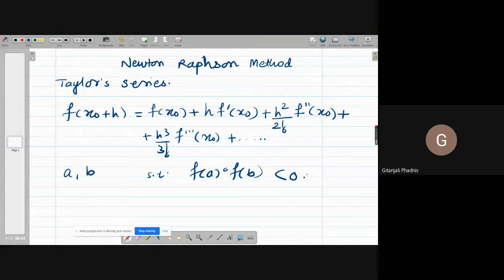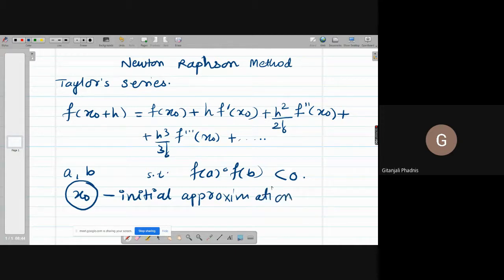Now in Newton-Raphson, instead of the interval AB, we emphasize an initial approximation called x naught. This initial approximation can be guessed, looking at the nature of the problem and the equation.